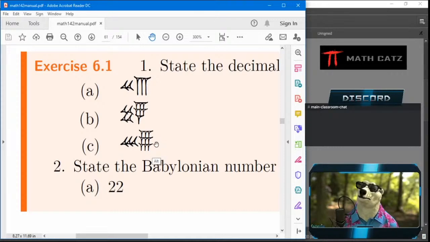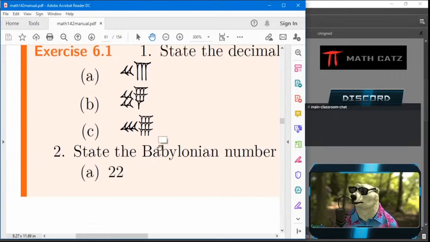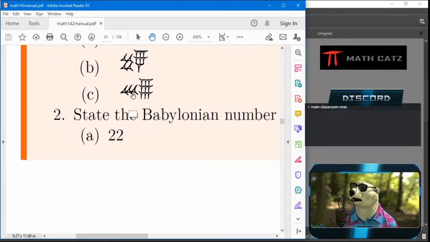But any more, so let's get a new symbol for 10 so that we don't repeat the same symbol too many times. So they said, okay, 9 of these little ones and we're going to be okay. And the 10s are a different symbol, so we don't have an issue right now.